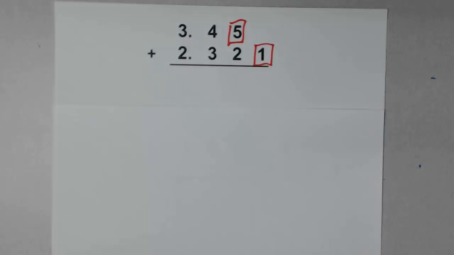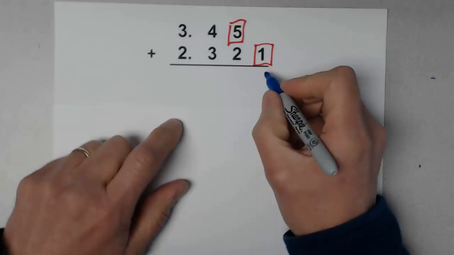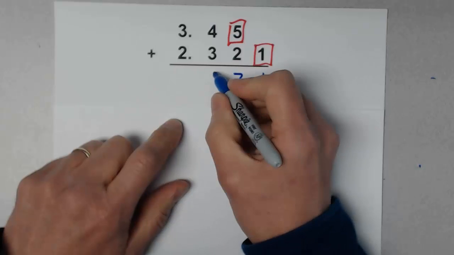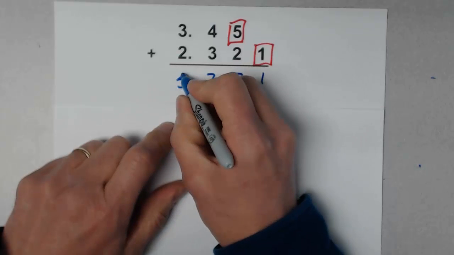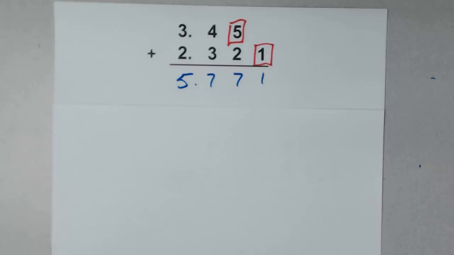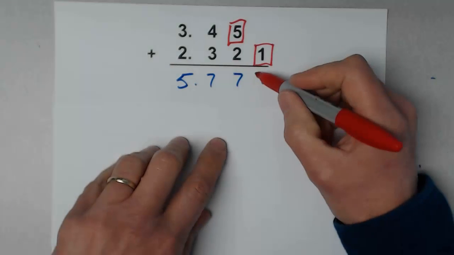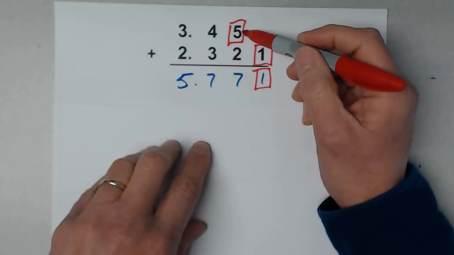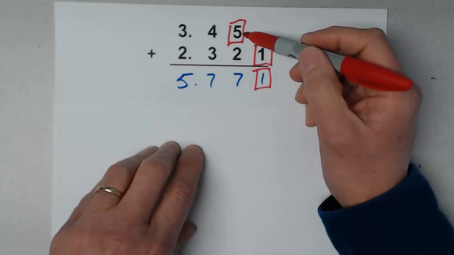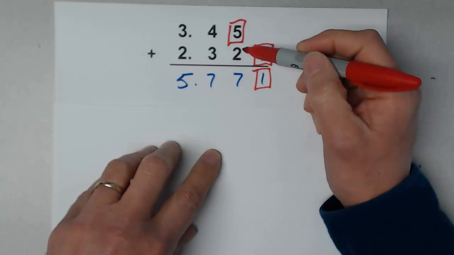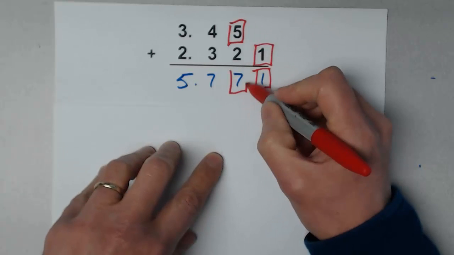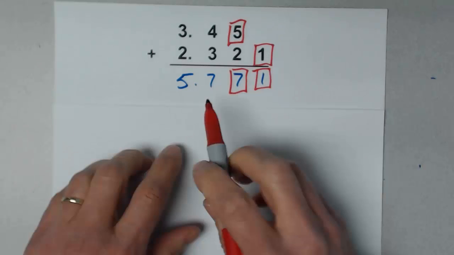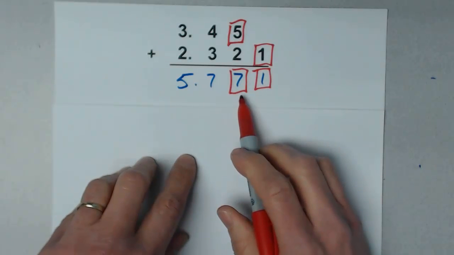Now, I add these things as I usually would, and I'd get 5.771. So that's the way I'd usually add it. Now I consider where the uncertainty shows up. This digit I know is uncertain. In this column that I add, because this digit is somewhat uncertain, it doesn't matter what I add to it, the result will still be somewhat uncertain, and so the uncertainty first shows up here.